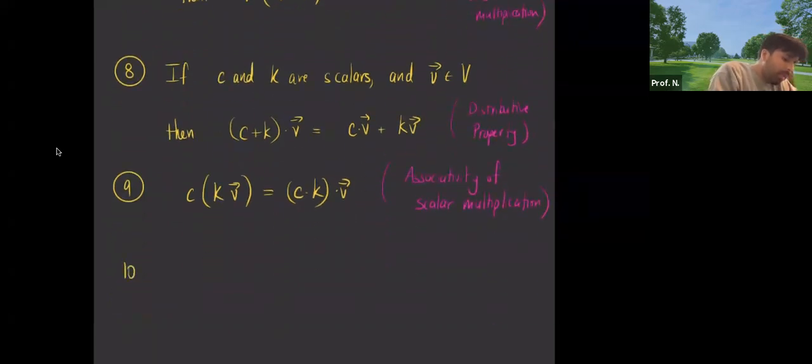And then the last one, we have the existence of a multiplicative identity.